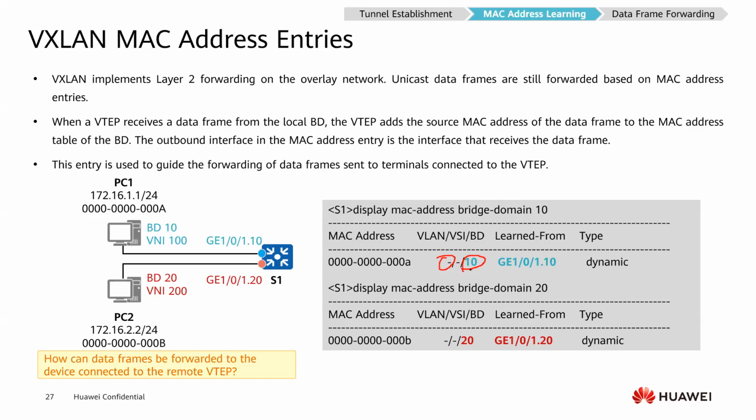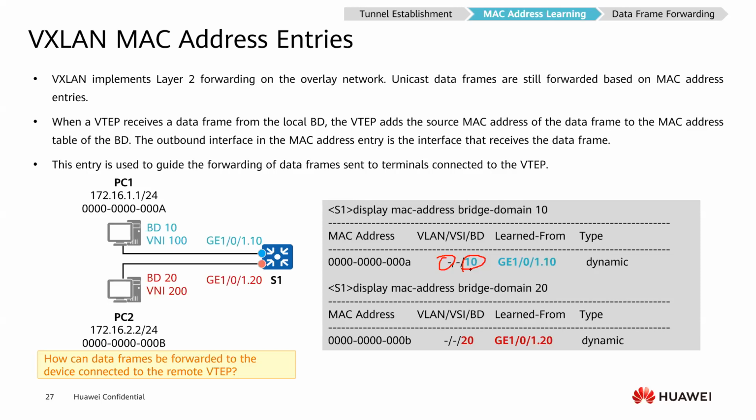That is the only difference. The forwarding way is reminiscent of the VLAN. It is the same, it doesn't change. So how the VLAN network forwards the traffic, that is how the VXLAN network forwards the packet.